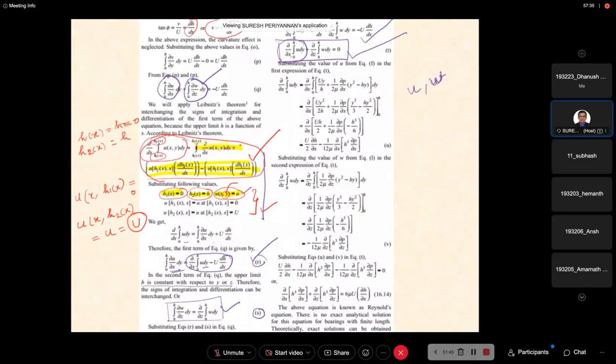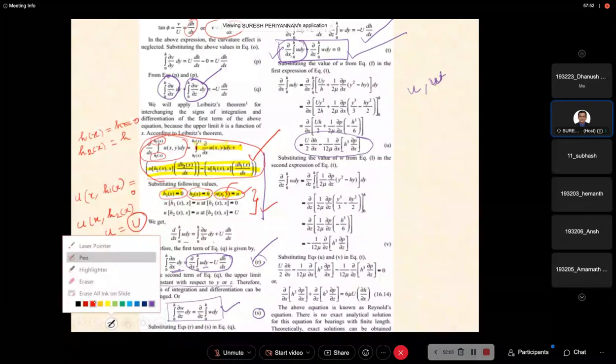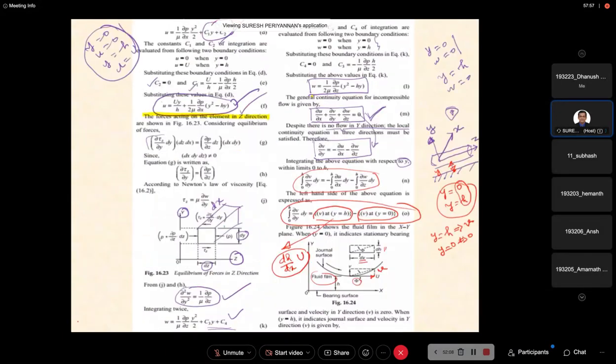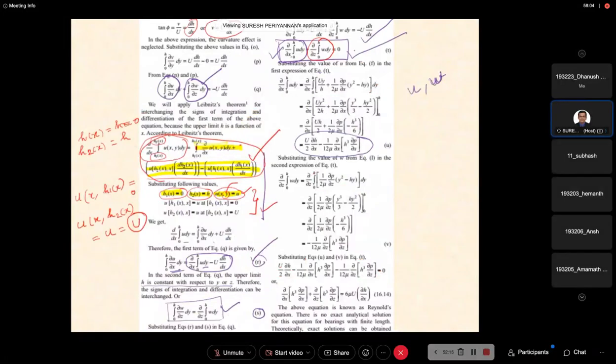Then simplify this term of equation T; the first term is going to be simplified like this when you substitute the u value. Then for the second term of equation T, we have already derived the value in terms of w. Substitute w in this equation T, then simplify the second term of this equation T.